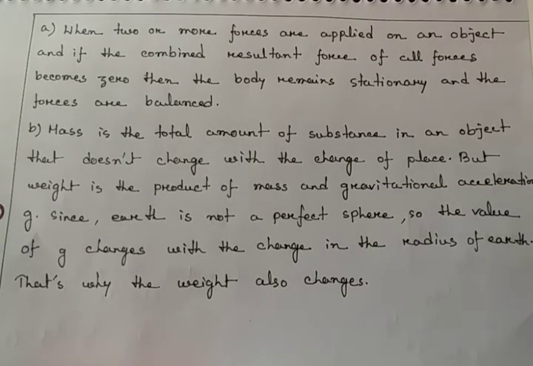So m is a constant value, but g is related with the radius of the earth, and the earth is not a perfect sphere, so the radius is not the same at all ends of the earth. Due to the change in radius, the value of gravitational acceleration changes, and due to this the weight of an object also changes.